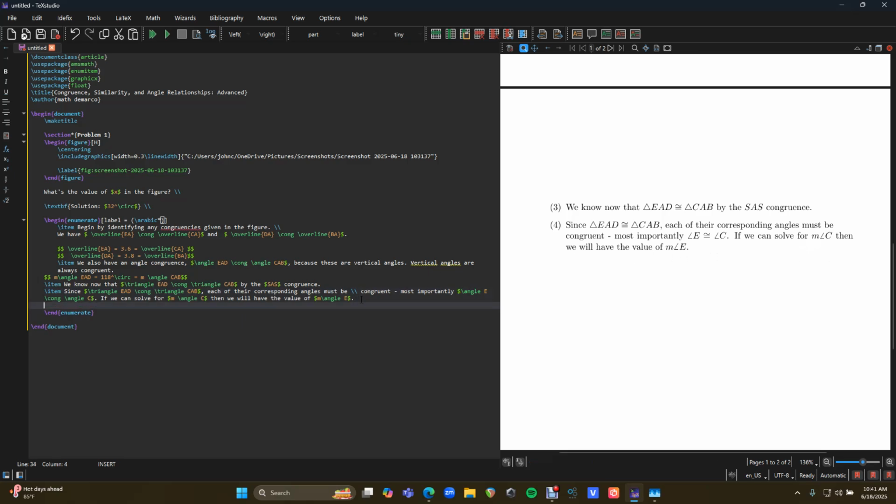So that's going to be the next step. We can solve for the measure of angle C by using the fact that the sum of the interior angles of a triangle add up to 180 degrees.